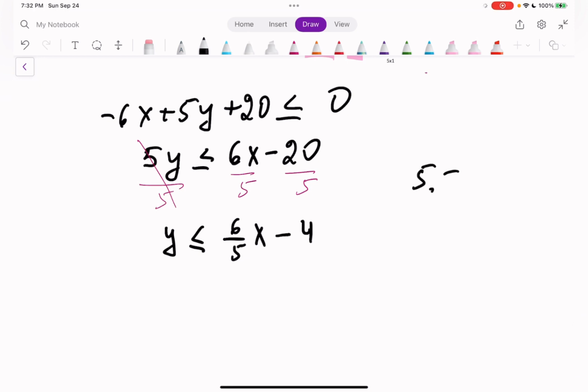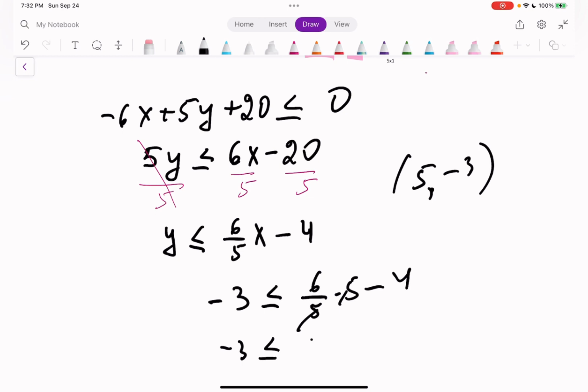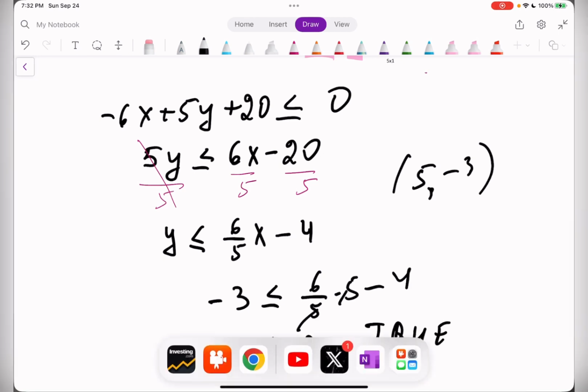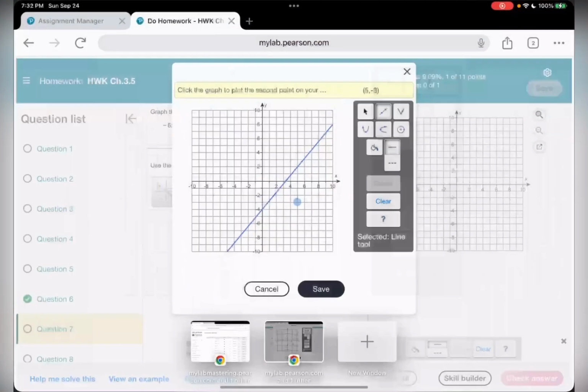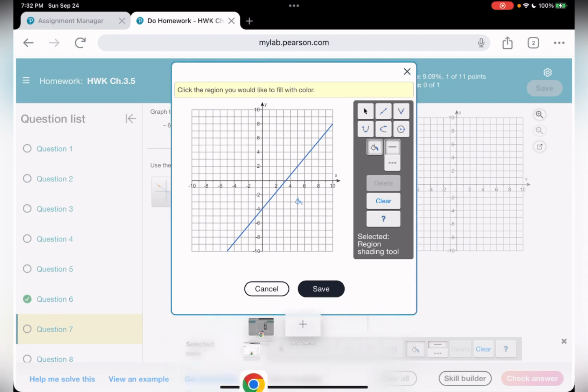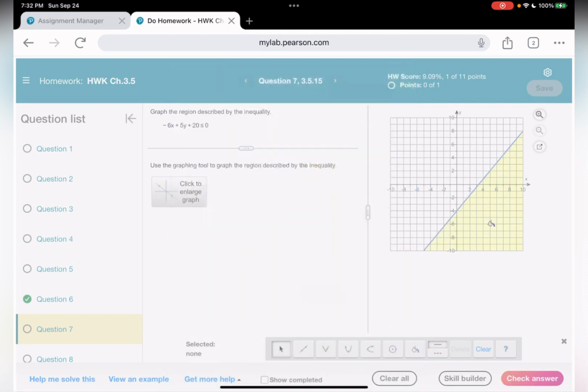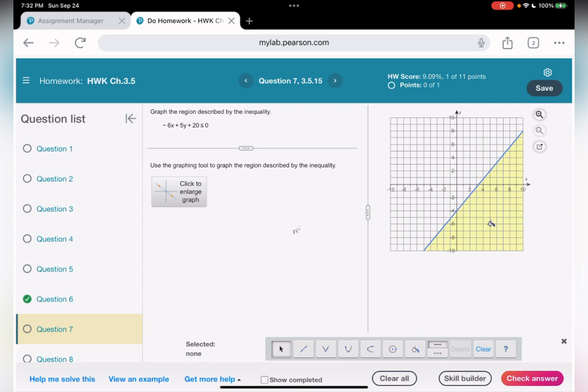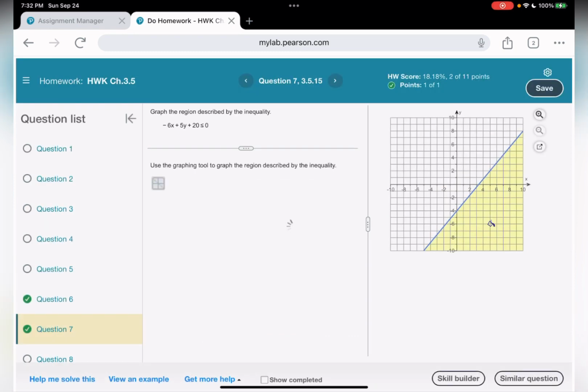So it's going to be negative 3 less equal 6 over 5 times 5 minus 4. This 5 with 5 is canceling. Negative 3 is less equal 2, which is the case, which is true. So I'm going to shade below the graph, where my point is. There we go. Saving, checking. We are good. Nice work.